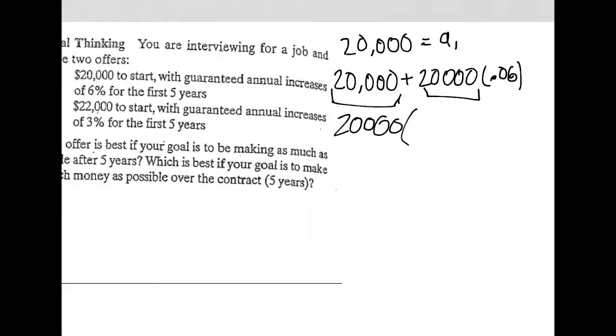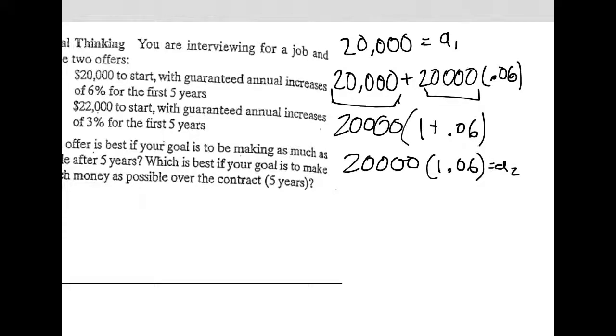And what will I be left with? In that first term, if I factor 20,000 out of 20,000, I'm left with 1. In the second term, if I factor the 20,000 out, I'm left with just that 0.06. And we can simplify that now to 20,000 times 1.06 to get our second term.